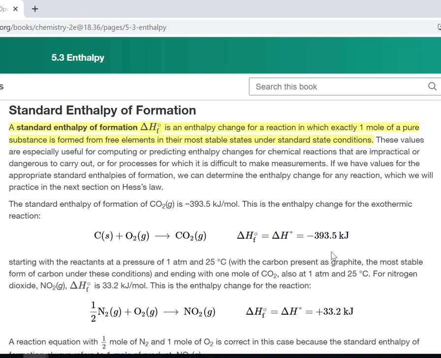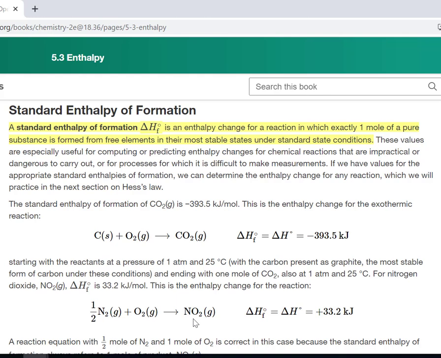In this case, it's an exothermic reaction. But for NO2, we can see it's an endothermic reaction. So we have a positive value for delta H here, whereas we had a negative value up here. One thing to also notice in this one, we're making 1 mole of NO2. So in this case, again, we need a fractional coefficient to make that work.